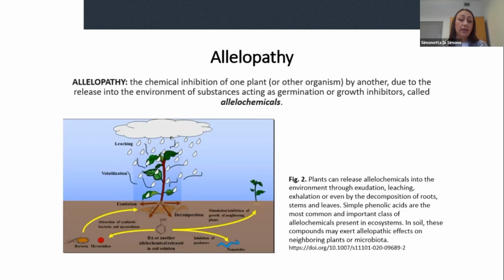Plants can release allelochemicals into the environment through different ways, so through exudation, leaching, exhalation, even by the decomposition of roots, stems, leaves. And for example, simple phenolic acids are the most common and important class of allelochemicals present in ecosystems. And in soil, these compounds may exert allelopathic effects on neighboring plants.